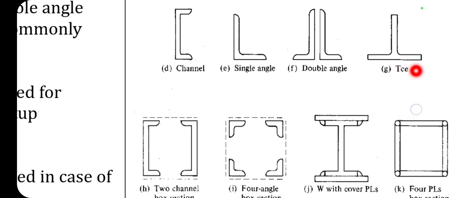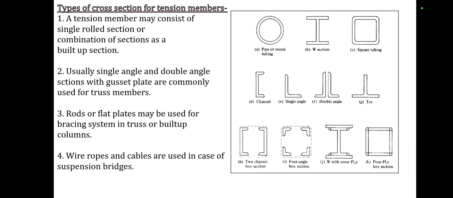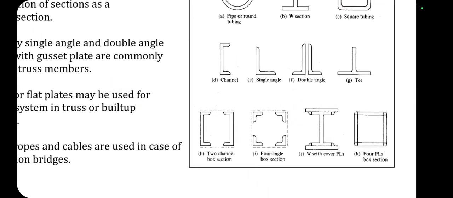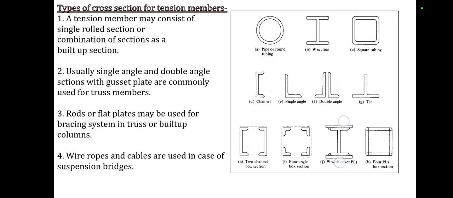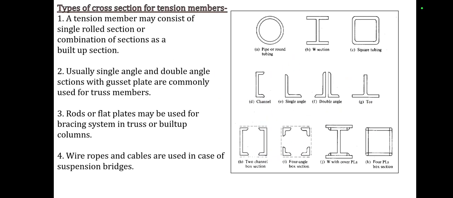Then comes the T section, then the two channel box section, four angle box section, I section with two cover plates, and four plates box section. So these are the various sections utilized for designing tension members.